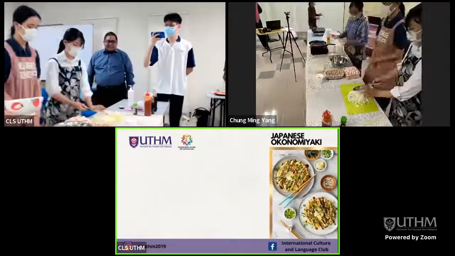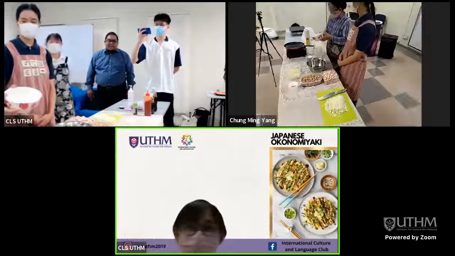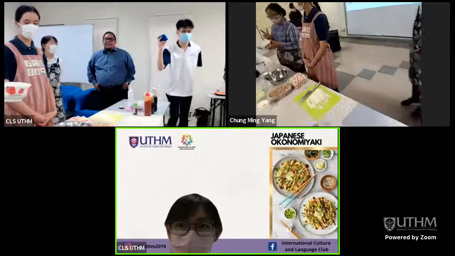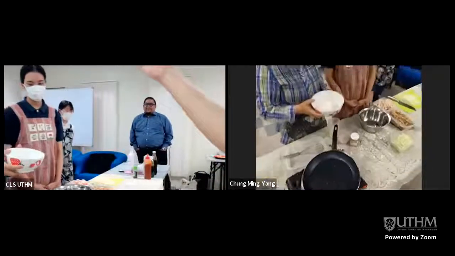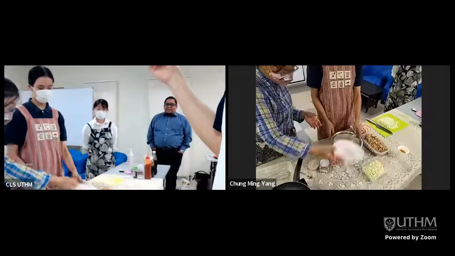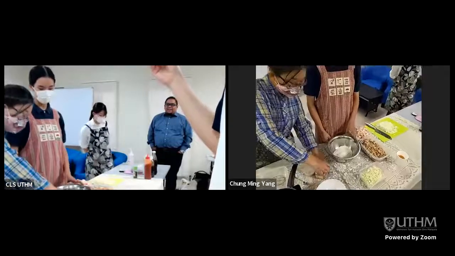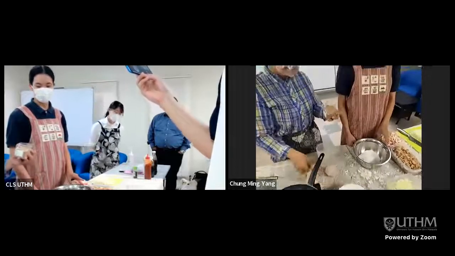Okay, we start to make the batter. This is for two persons to eat. 100 grams of powder. Dashi powder.